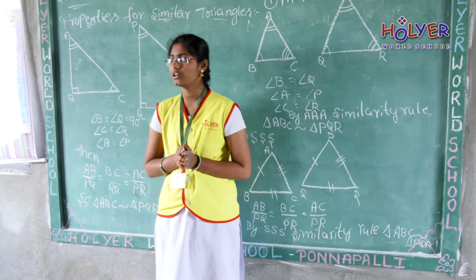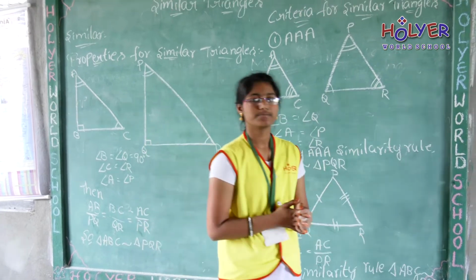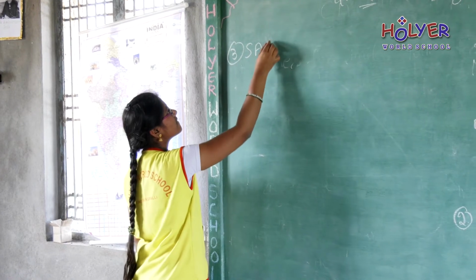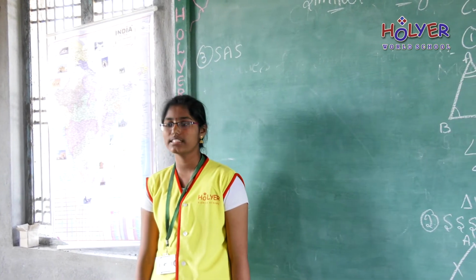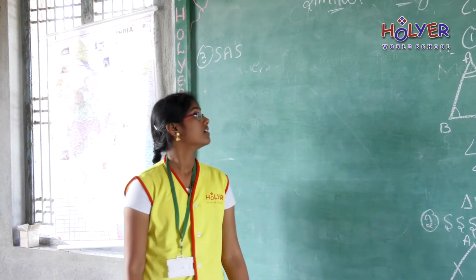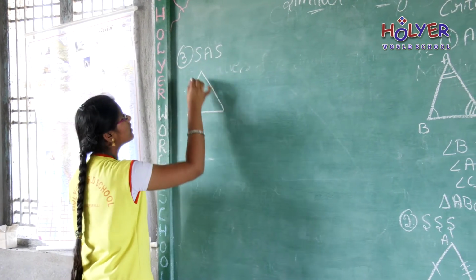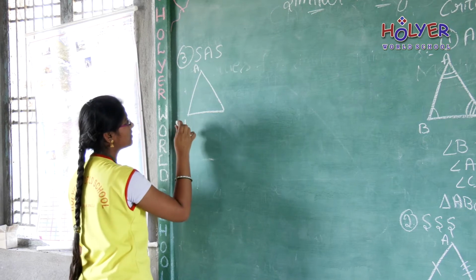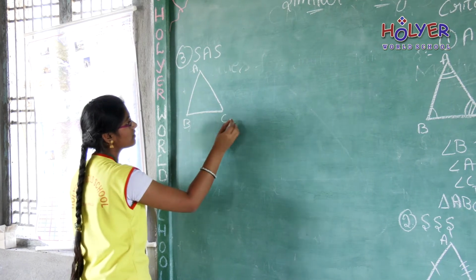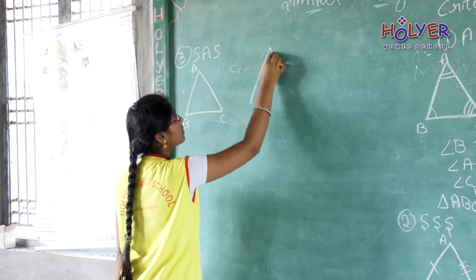Next criterion: in two triangles, if an angle of one triangle is equal to an angle of another triangle, and the sides including these angles are proportional, then the triangles are similar. Triangle ABC and triangle PQR.